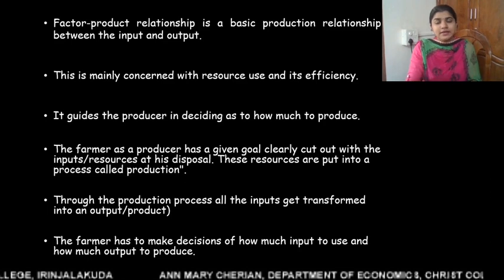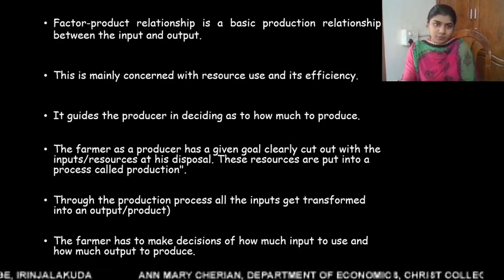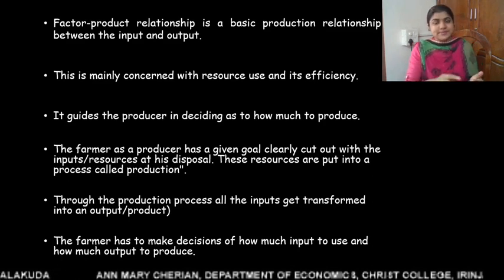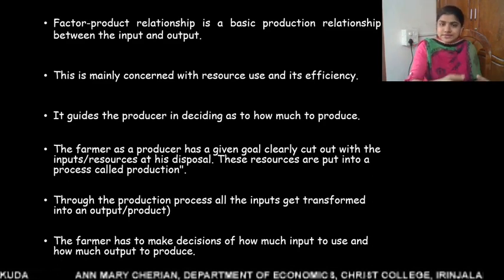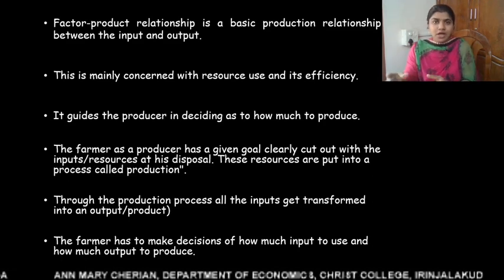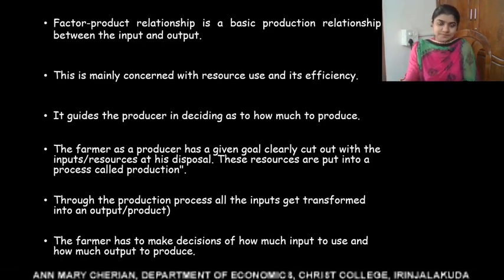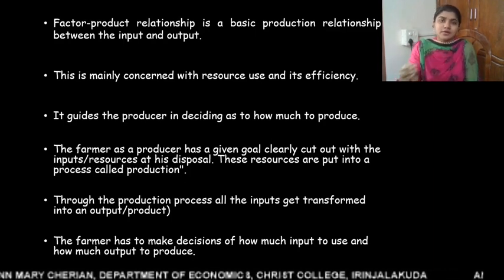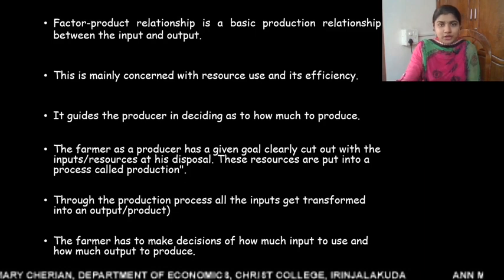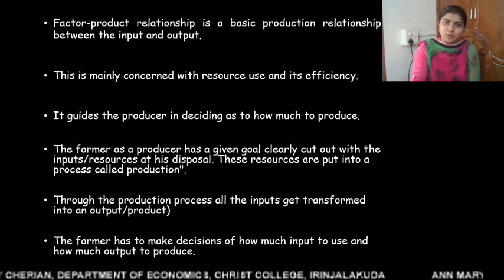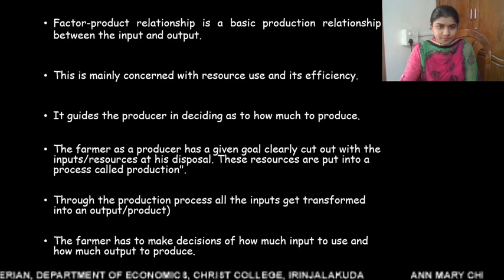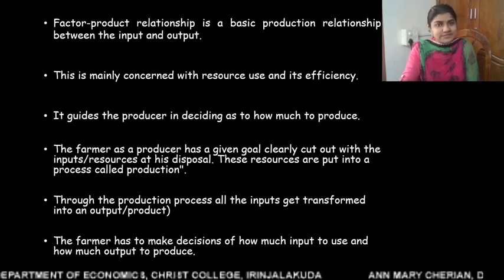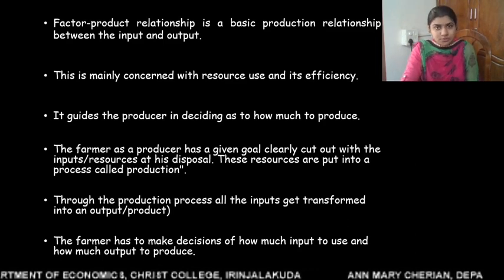The main inputs used by farmers are fertilizers, seeds, pesticides, and human labor, and these inputs get transformed into output or crops. So farmers put their limited resources into the production process and convert their inputs into output, as they wish to earn maximum profit from this process.